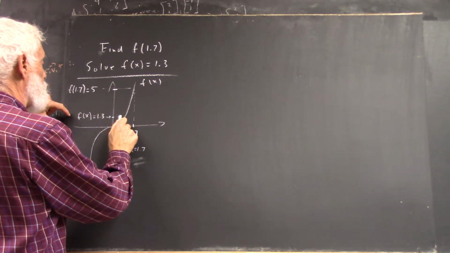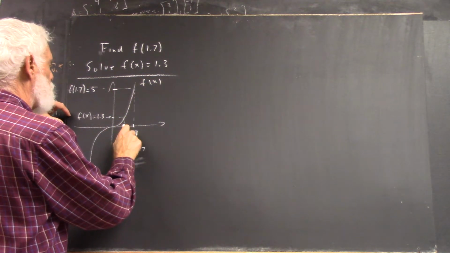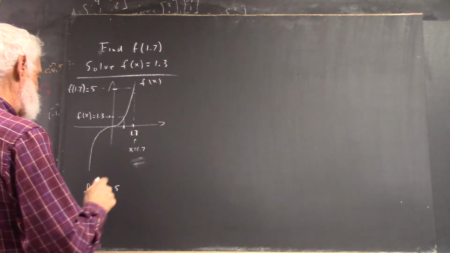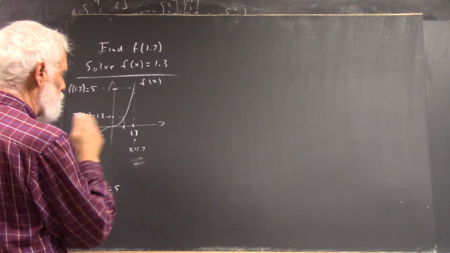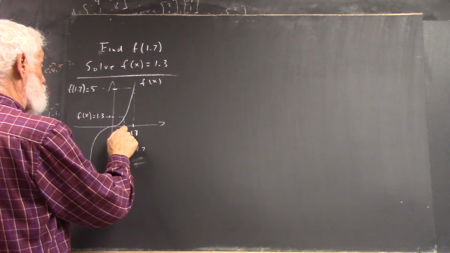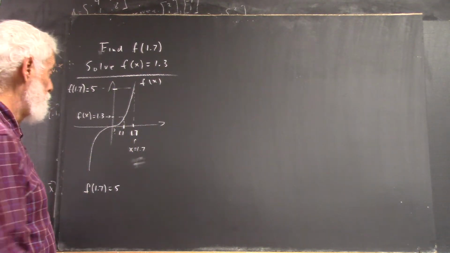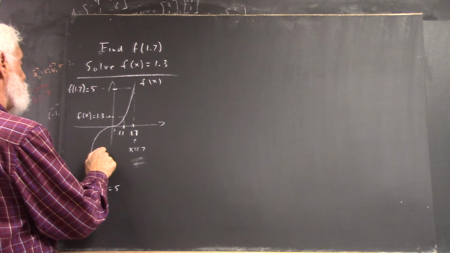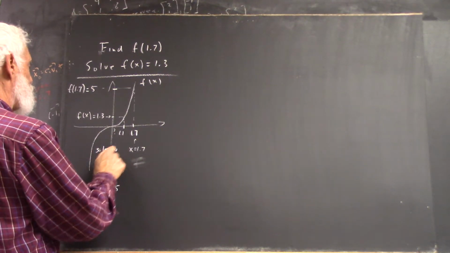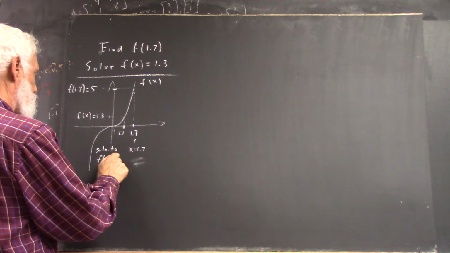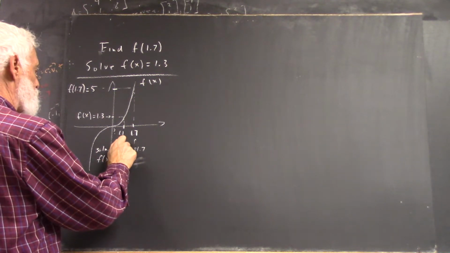So what do you do? You project over here and here, and what's this? Well, if this is 1.7, that looks like it may be 1.1, maybe a question mark there because it's an estimate, right? And then you say this is a solution. Right?